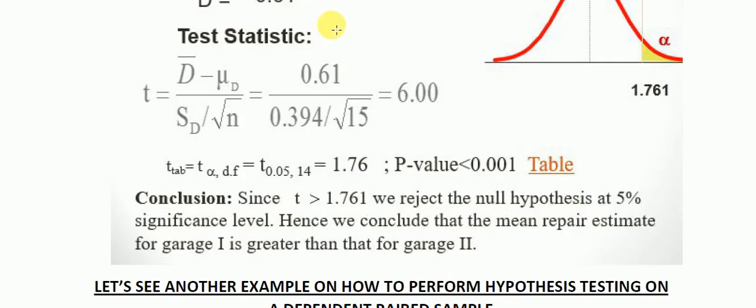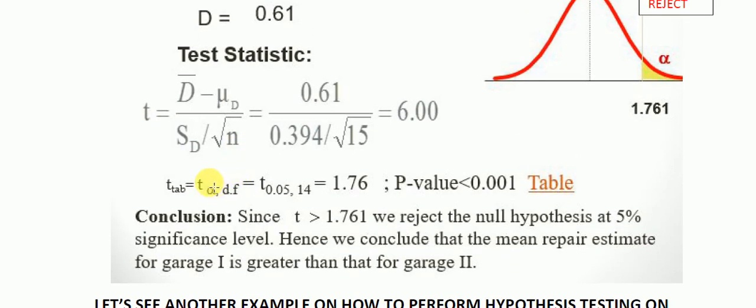Okay, so let's see how we find the value for t tabulated. We need two things for finding the value for t tabulated. Already we have found the value for t calculated using this formula. Now t tabulated is found using the value for alpha and degrees of freedom.